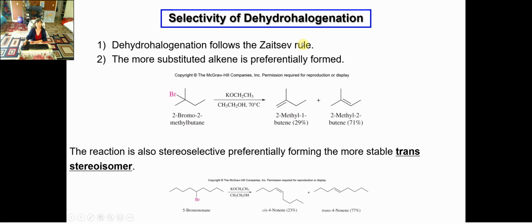So this is the same as your dehydration reaction. The dehydrohalogenation is also going to produce the stereoselective isomer. Normally your trans isomer is preferable, selectively and preferentially forming the most stable trans stereoisomer.